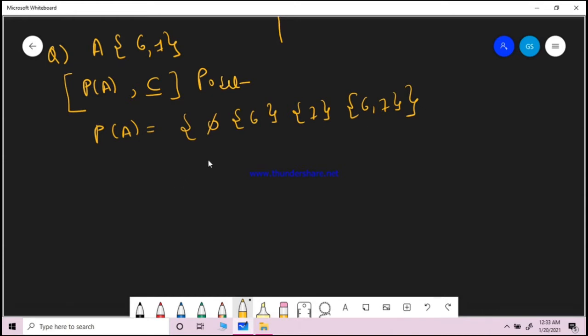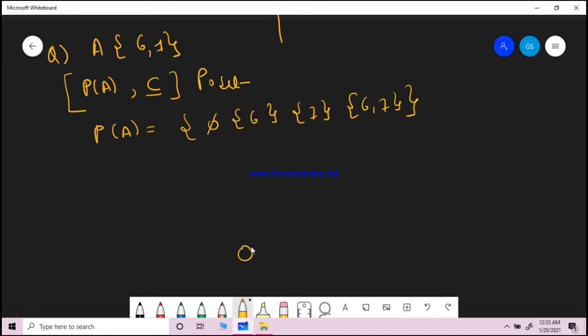For the Hasse diagram, I have already told you that the lowest level will be the element that is connected to every other element, and you have to remove the reflexive edges and the transitive edges, and we should not consider any direction. So this will be 6, this will be 7, and these two are connected to 6 comma 7. This will be my simple Hasse diagram.